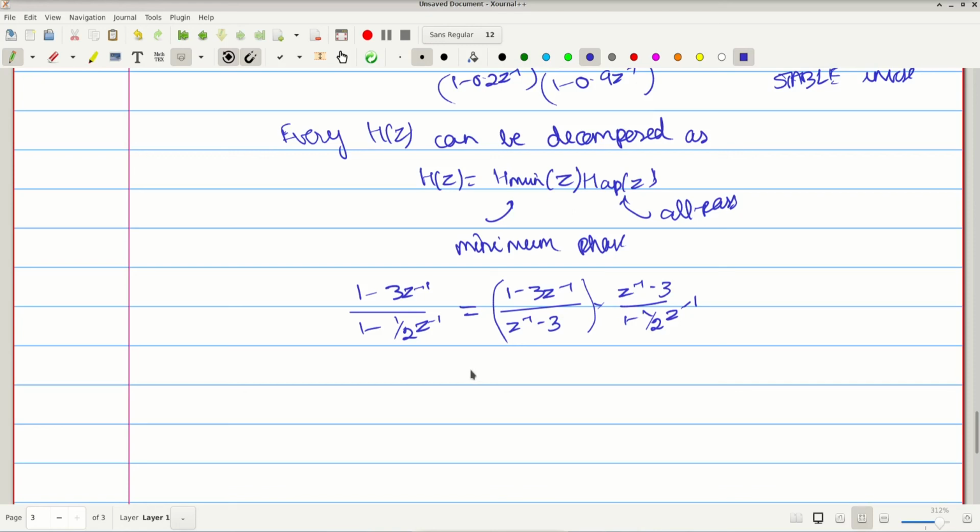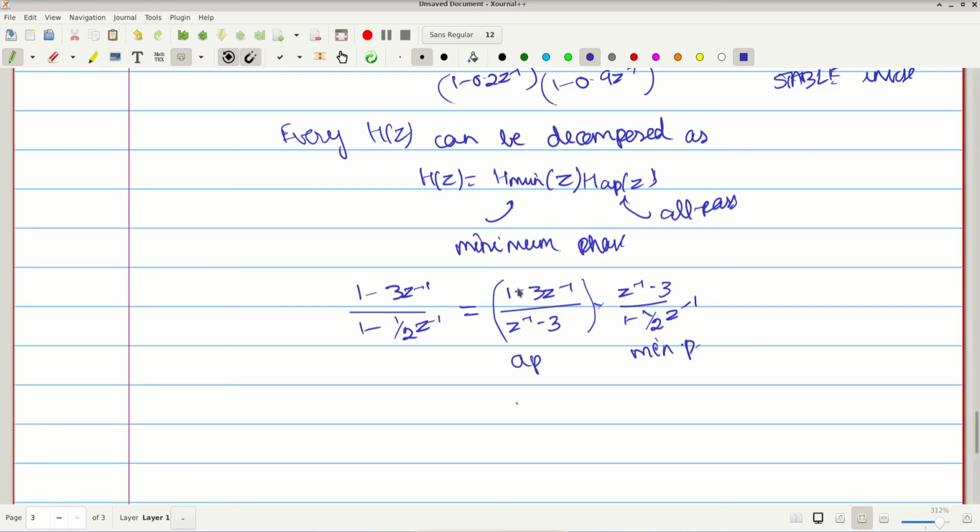If you want to get into the same form, you can also write this as (z inverse minus 1/3) by (1 minus 1/3 z inverse). That is just by doing some minor manipulation, but I'll leave it in this form. Now if you look at this particular part, this 0 is at 1/3 and this pole is at half. So this is the minimum phase filter.